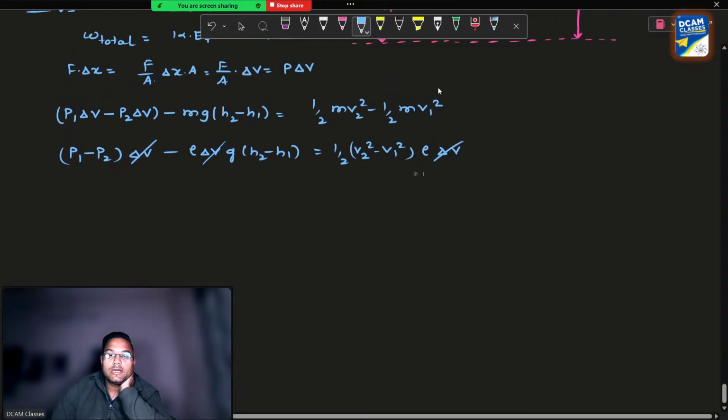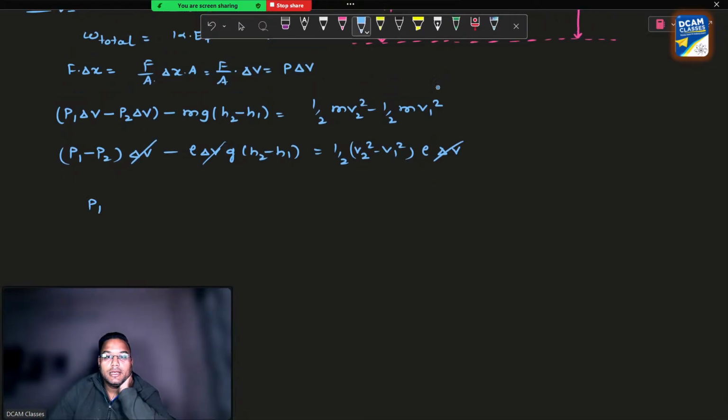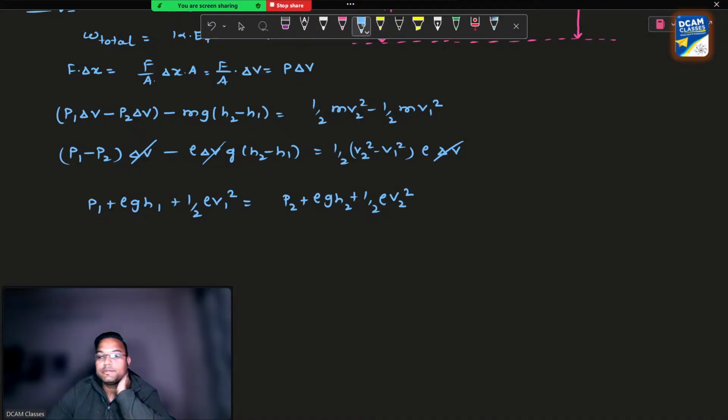So I'll get P1 plus rho g h1 plus half rho V1 square is equal to P2 plus rho g h2 plus half rho V2 square. See, it's proved now.